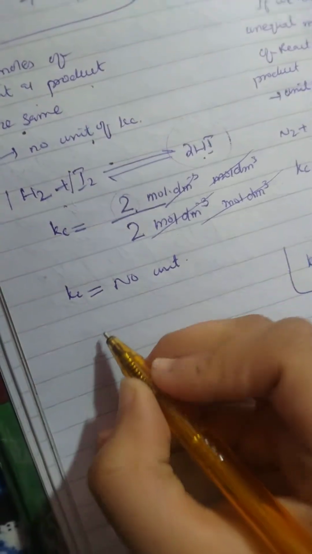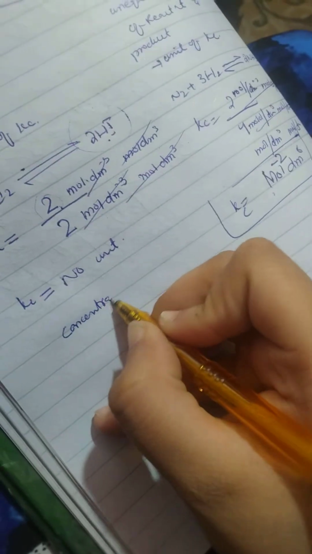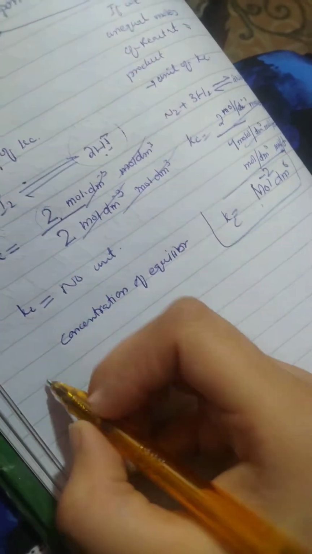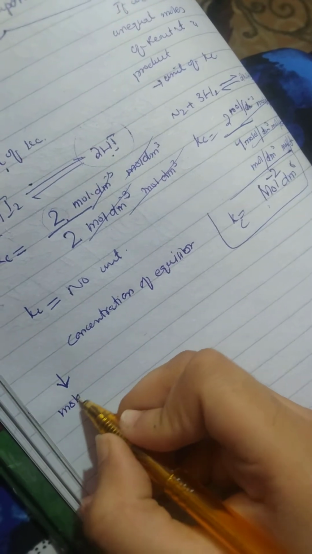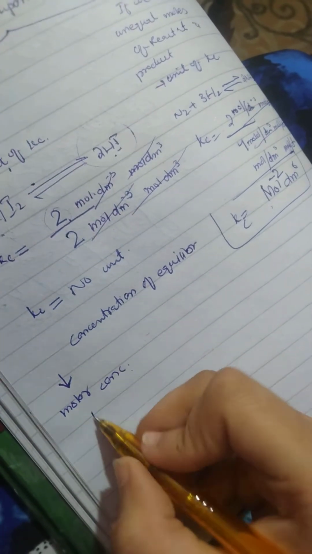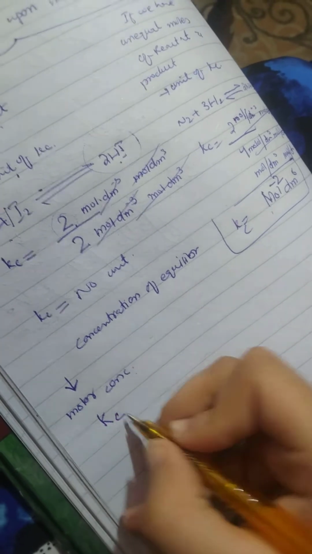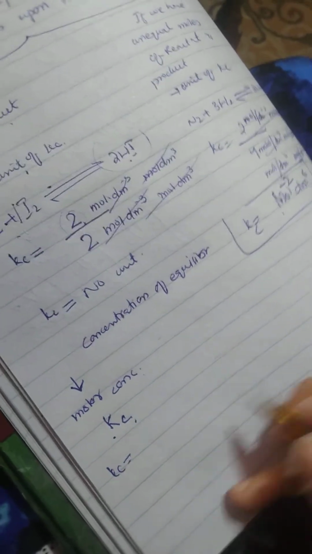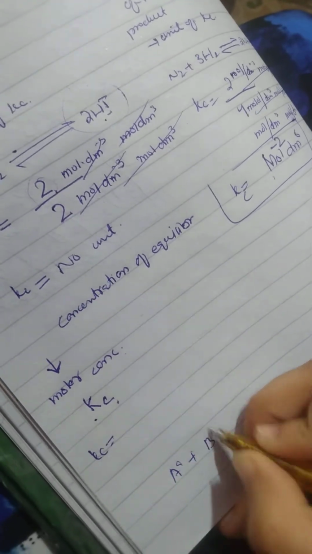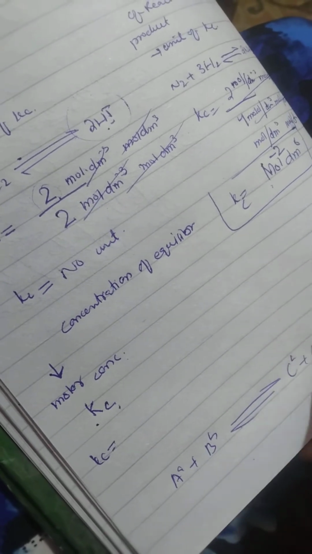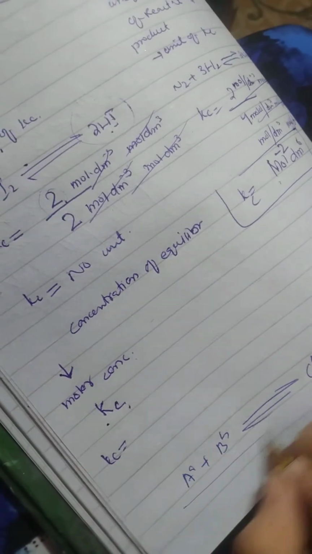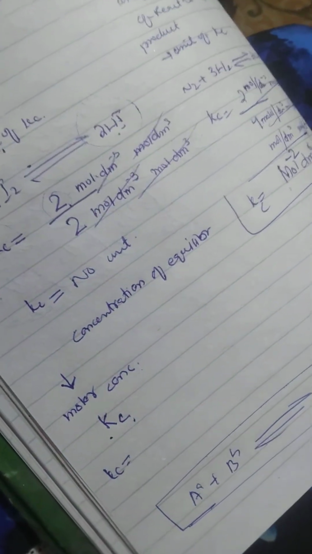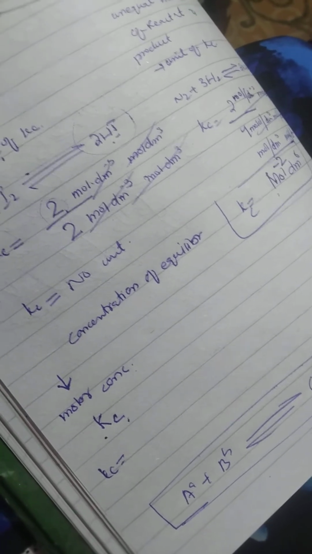Now let's talk about the concentration of equilibrium. If we have molar concentration, then Kc is equal to the active mass of product upon the active mass of reactant.